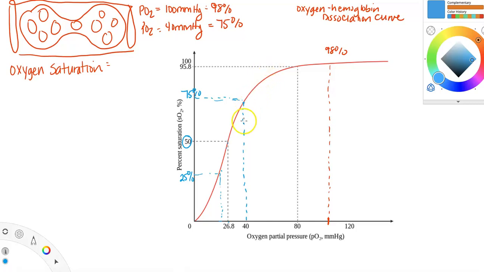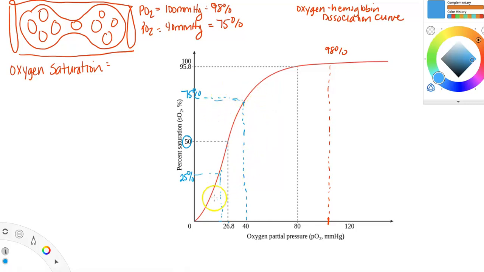But there are times when you would want the oxygen to come off of the hemoglobin easier, quicker, faster. Okay, and so this curve can be adjusted, we can change it to go toward the right or towards the left.